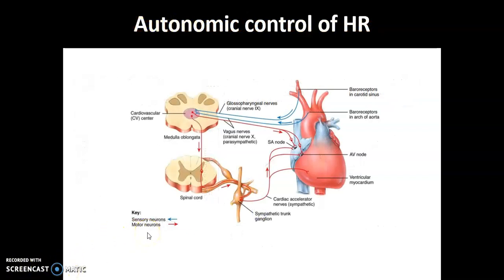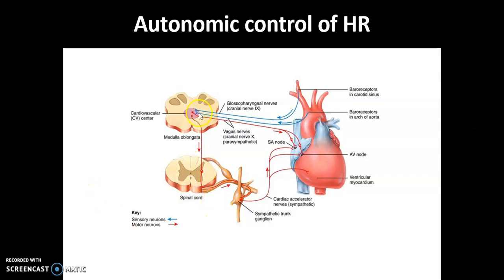Now we're going to be looking at the control of heart rate and how impulses are initiated. We briefly touched on the idea that the impulses are sent via the central nervous system, by the spinal cord and brain, to the medulla oblongata, which initiates the response in order to tell the heart to contract more rapidly or to slow heart rate down in order to meet the demands of exercise.